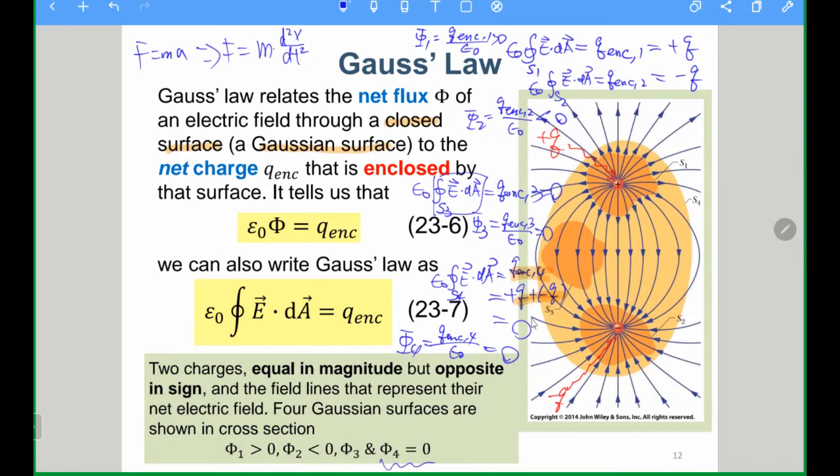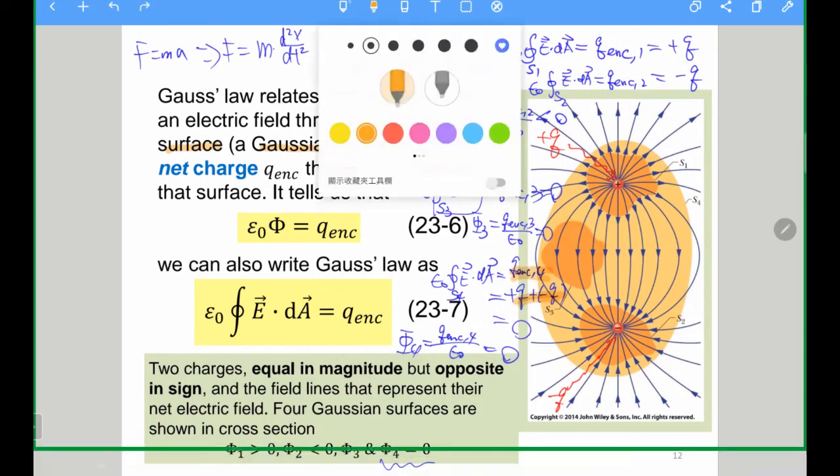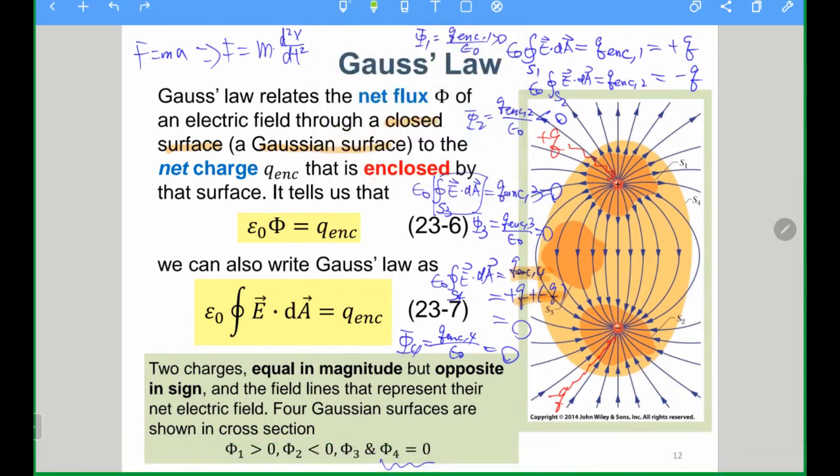If you really needed to calculate phi by this surface integral, you can see, for example, for S3, some of the E field lines pointing into it. Maybe for this part, I use another color. This part is going into the surface S3, so it contributes a negative flux for phi 3.